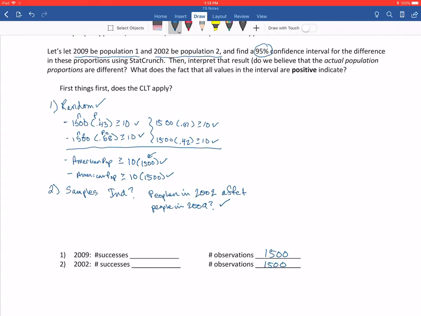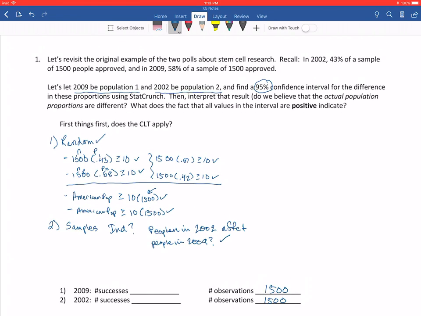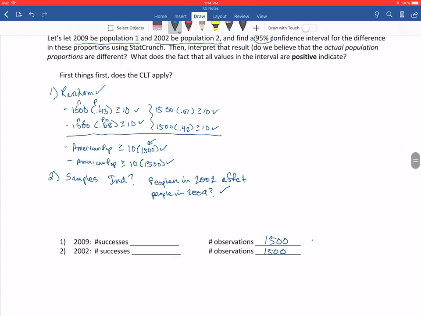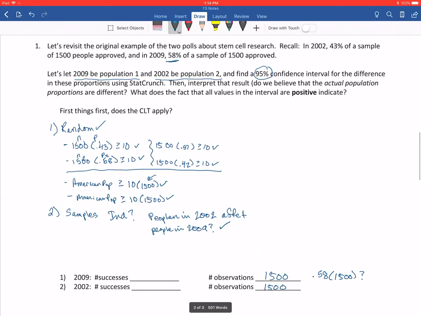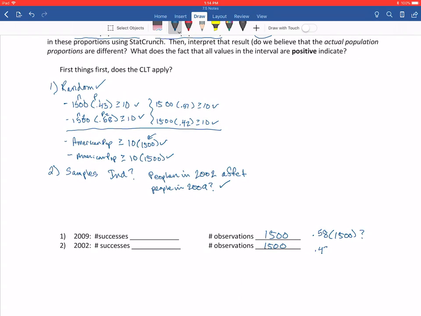Well, in the first case, in 2009, we have 58%. So what is 58% of 1,500? And in 2002, it was 43%. Make sure I remember, of 1,500.